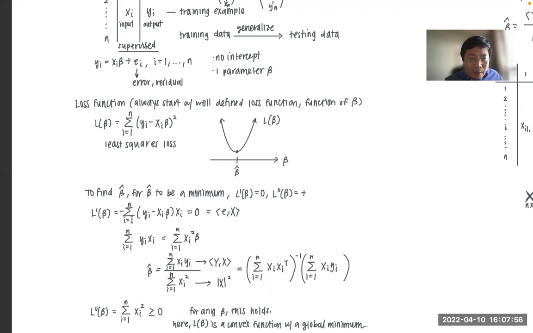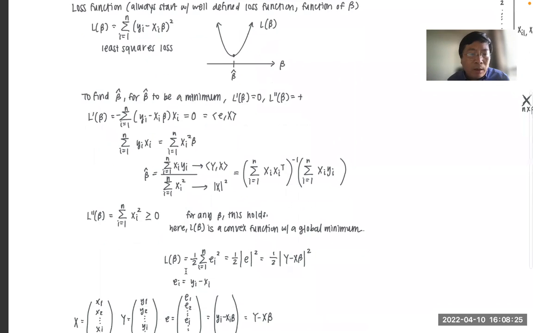So that will be summation yi times xi, right? And we move the second term to the right-hand side. So we have summation xi beta times xi, which is xi squared times beta. Okay, and then we solve for beta hat, which is summation xi yi divided by summation xi squared. Okay, so this is a least square estimate.